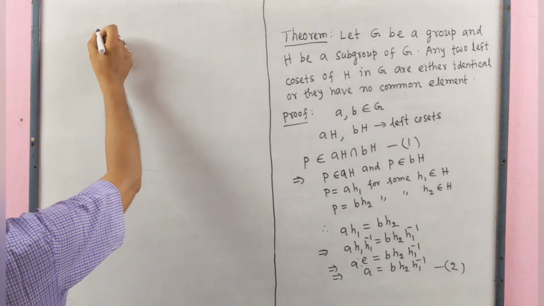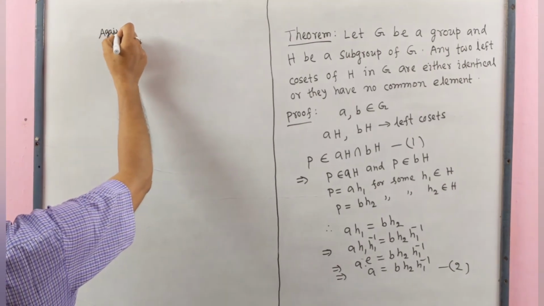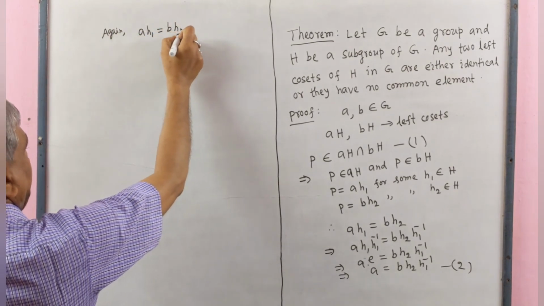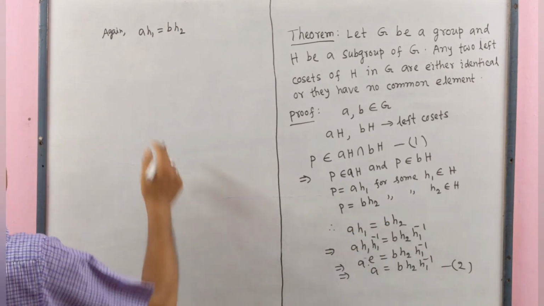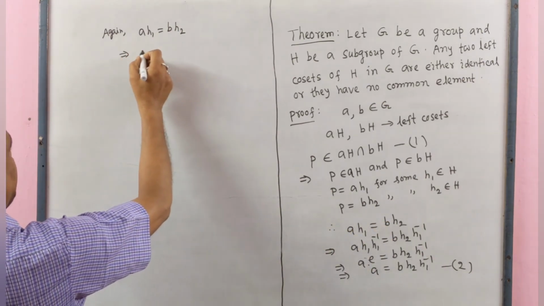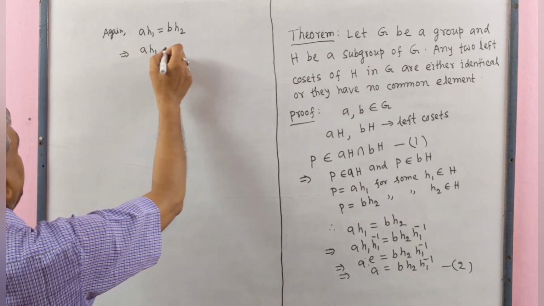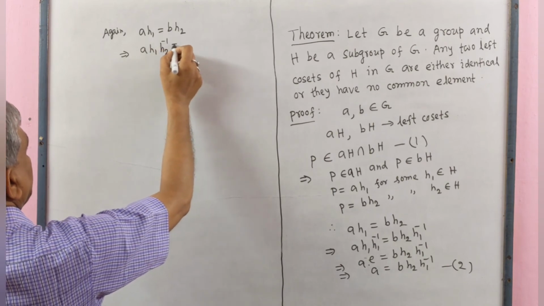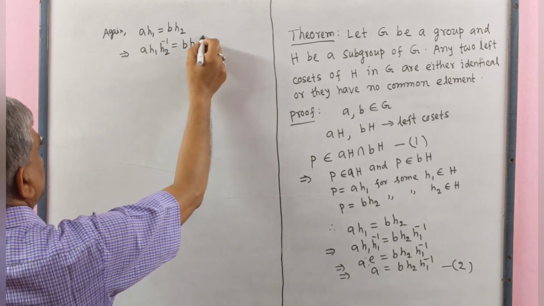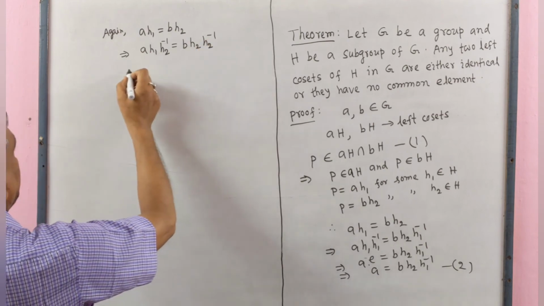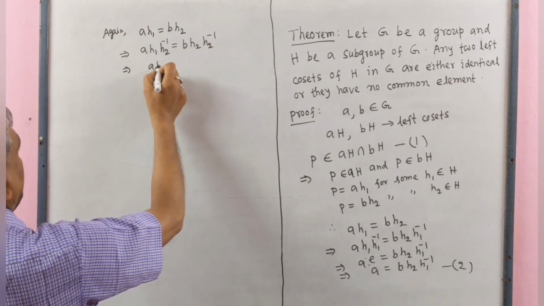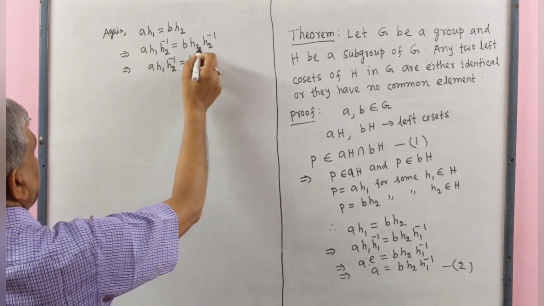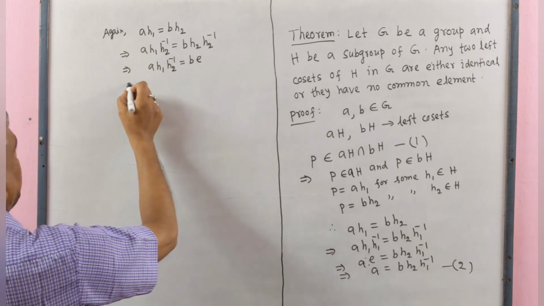Again, since ah1 equal to bh2, here we take h2 inverse: ah1h2 inverse equal to bh2h2 inverse. This gives ah1h2 inverse equal to b, the identity element.